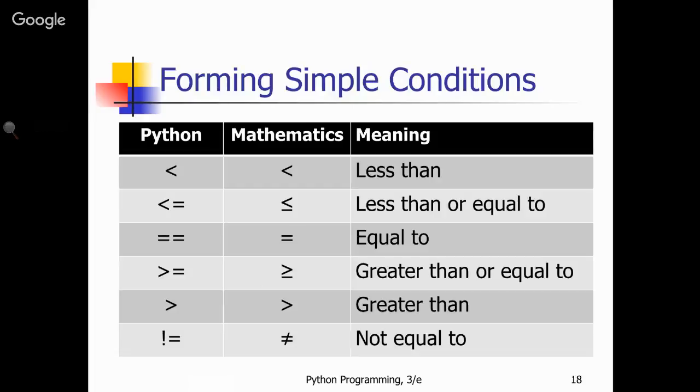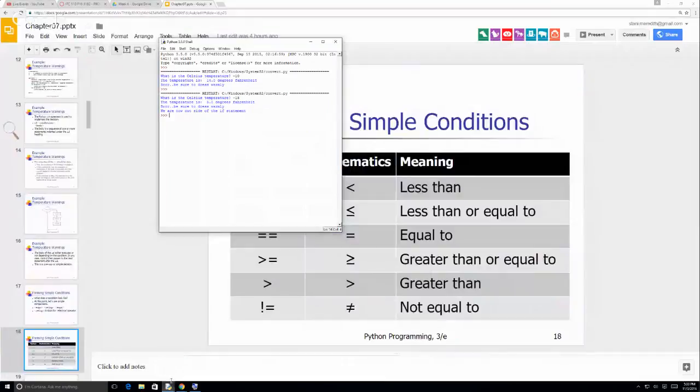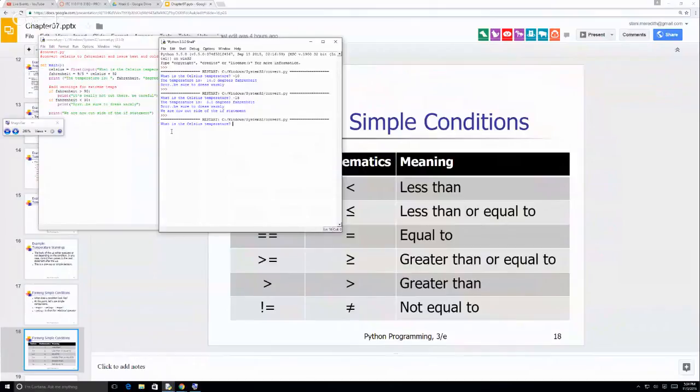Okay, so if we go back to our program, and say 90 in the current way, then we get 190. Oh, sorry. That's not what I wanted to show you. I meant to hit the Fahrenheit 90, not the Celsius. All right.